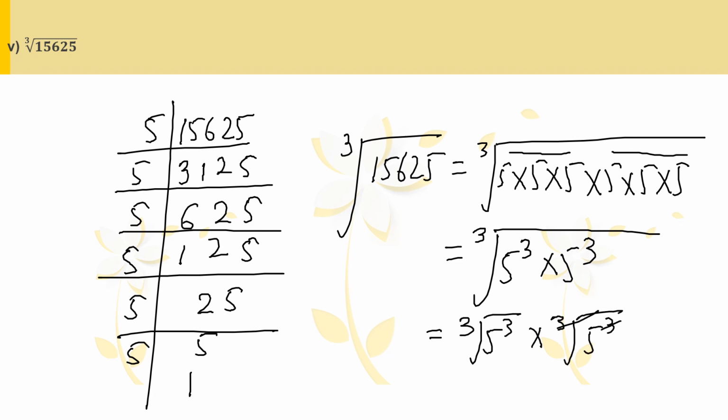This cancels with this root, and 5 multiplied by 5 is 25. That means the cube root of 15625 is 25, or 25 multiplied 3 times with itself gives you 15625.